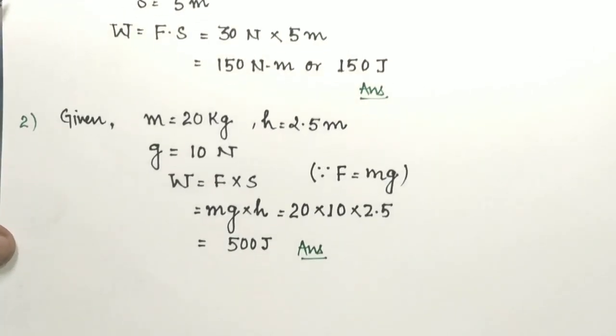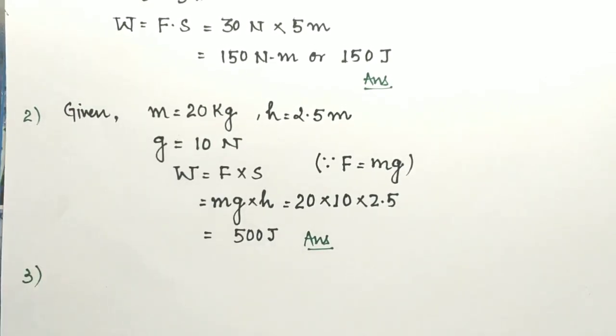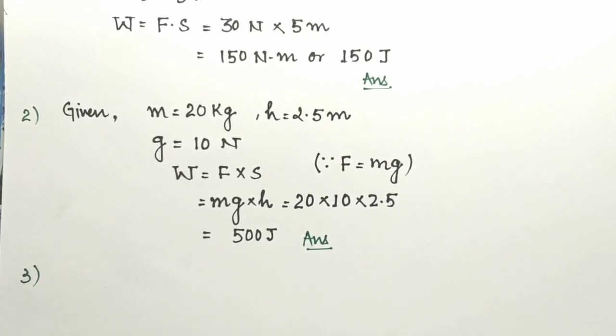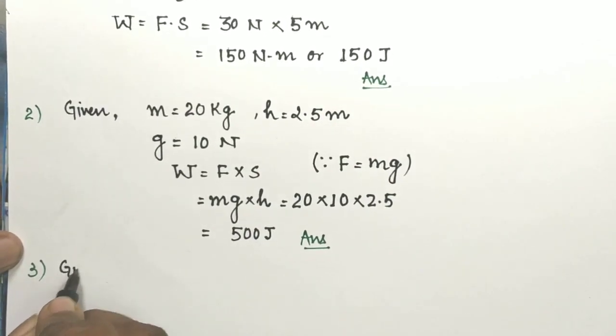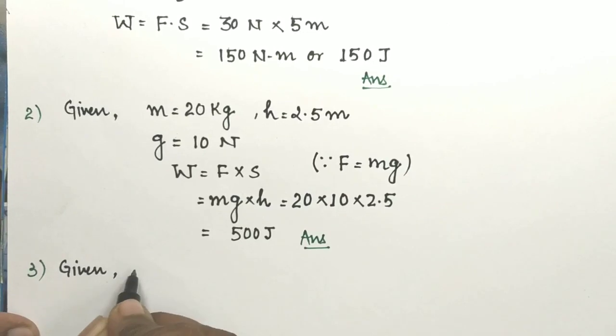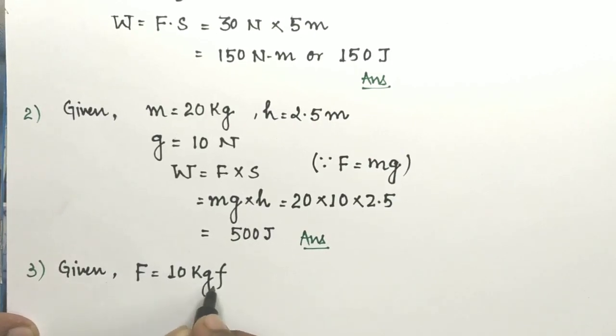Now let's move toward the third question. What does the third question say? Let's read. A boy, when acted upon by a force of 10 kgf, means kilogram force, moves a distance of 0.5 meter. So force is given. What is given? The force is 10 kgf, which is in gravitational units, so it will be multiplied with 10.